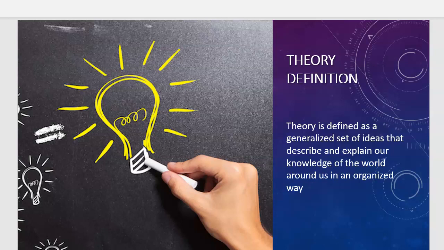It's a set of concepts or ideas that comprise a larger theory. These ideas are descriptive, they're explanatory, and they are organized in a way that helps us to understand what is happening in the world around us.